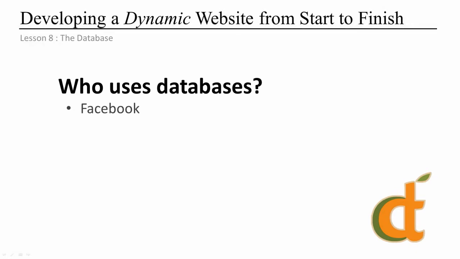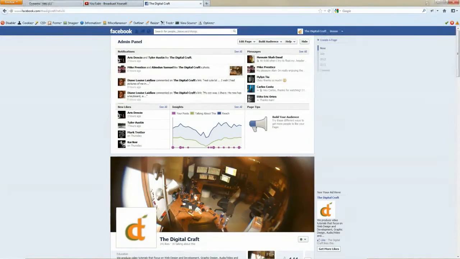Some of the fields that you might think would be in there would be name, about me, some contact information, music interests, things like that. All the things that you see on a Facebook profile page, which I'm going to kind of break away from the slides here for a second, and we'll use the Digital Crafts Facebook page as an example.